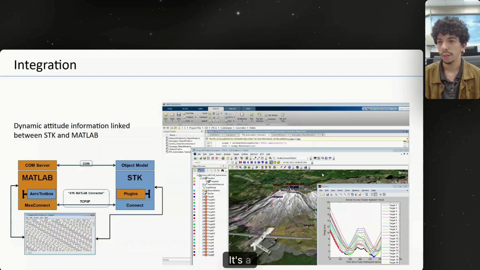Okay, it's very important for many works, and the interface is communications, and the protocol is TCP/IP. Perfect.